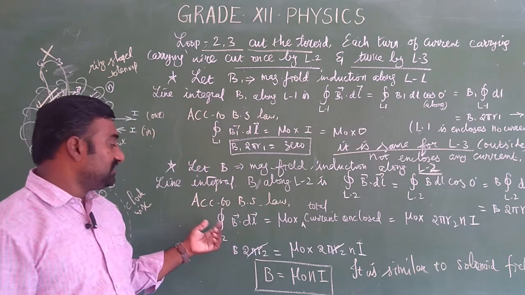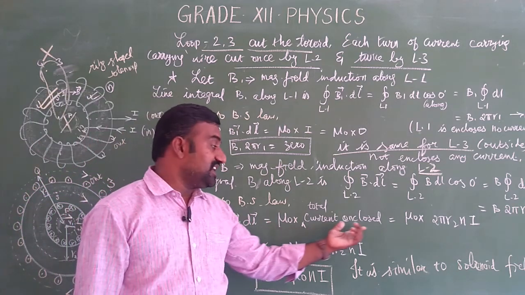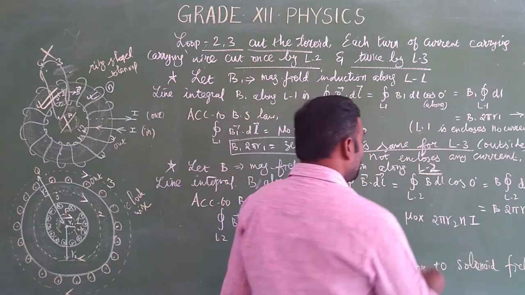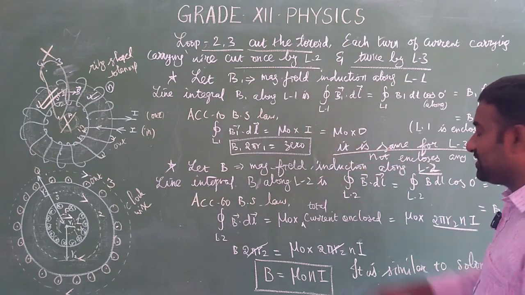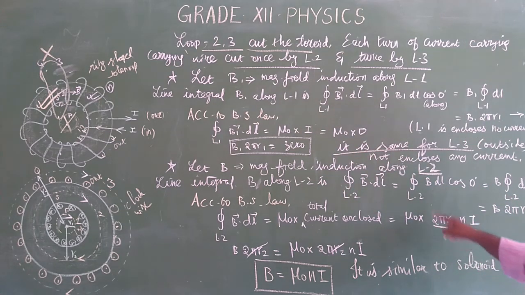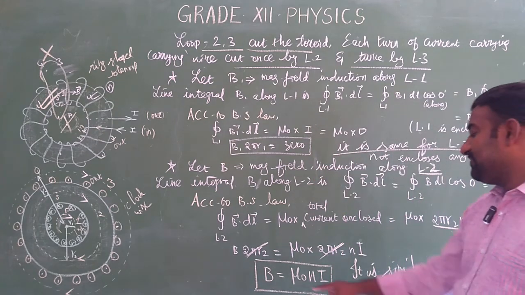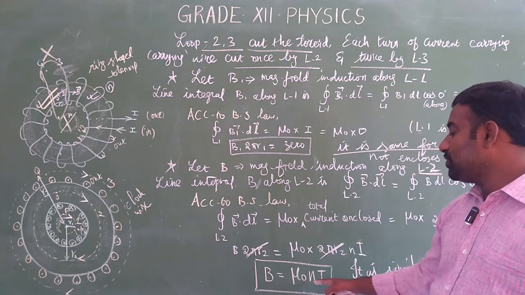For any closed loop, the total magnetic field induction equals mu naught times the total current enclosed. The total current is on the second loop, on the surface. Its circumference is 2 pi r, the number of turns is N, and the current entering is i. Multiplying, 2 pi r2 cancels on both sides. Finally, the magnetic field on the surface of the toroid is equal to mu naught N i.